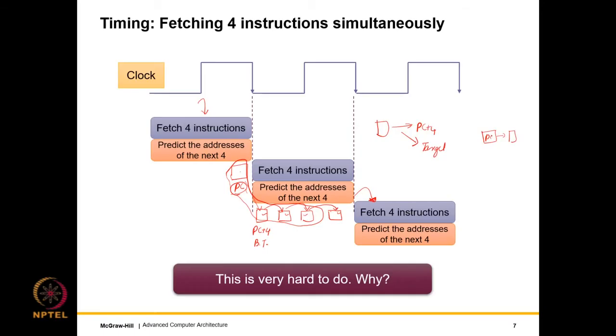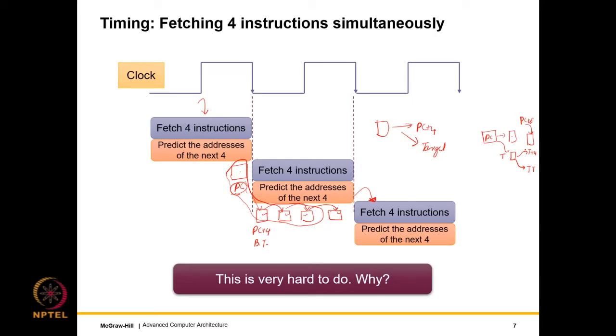If this is PC, this can be PC plus 4, and the final instruction after that can be PC plus 8, or we can go to the branch target over here, and again it can be either the target plus 4, or this can be a branch, and we can go to the branch target of that. So we have numerous options.